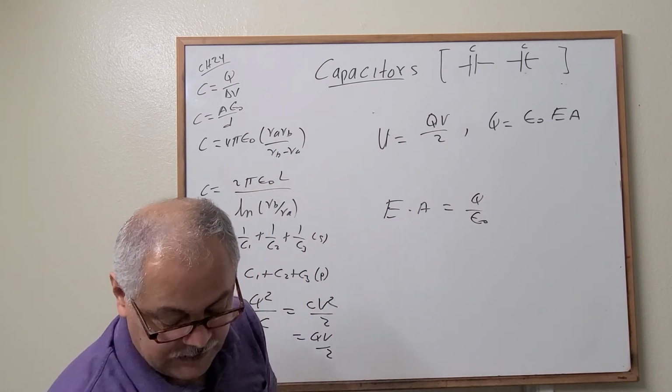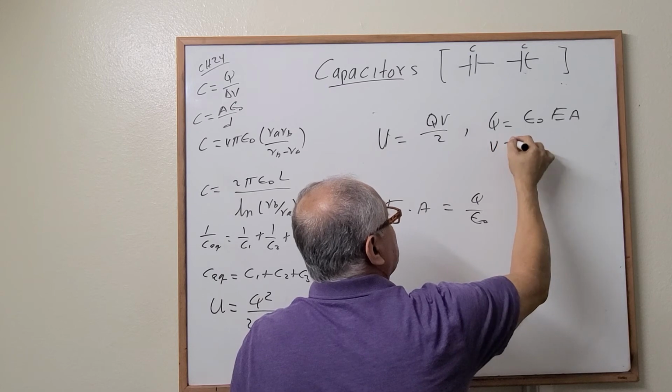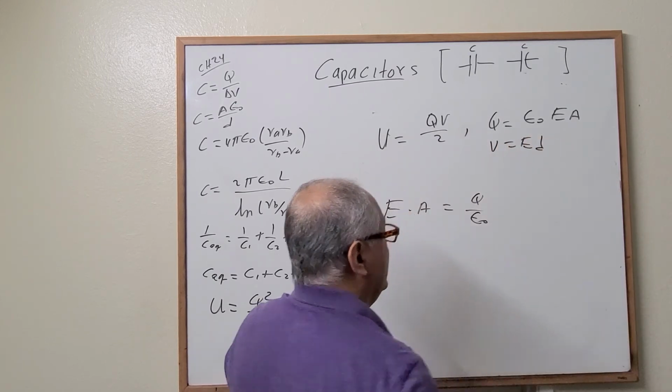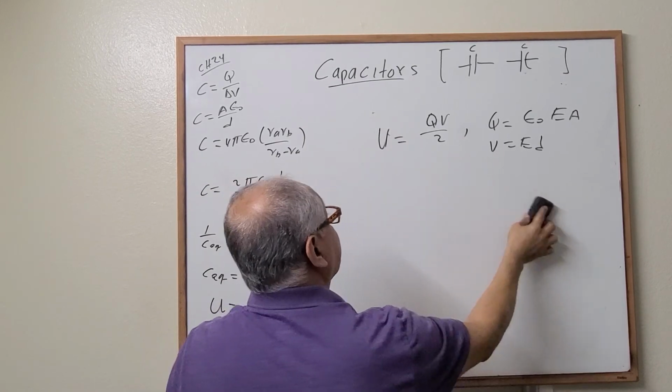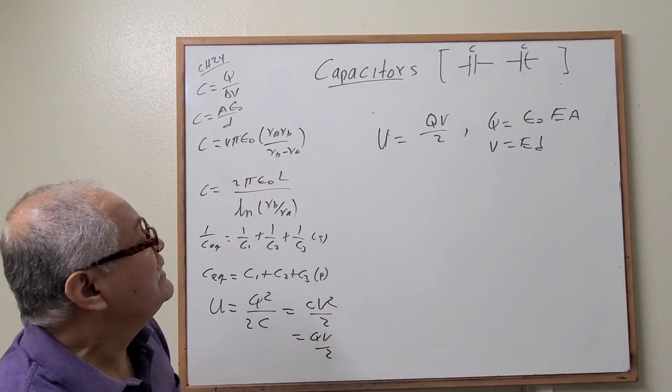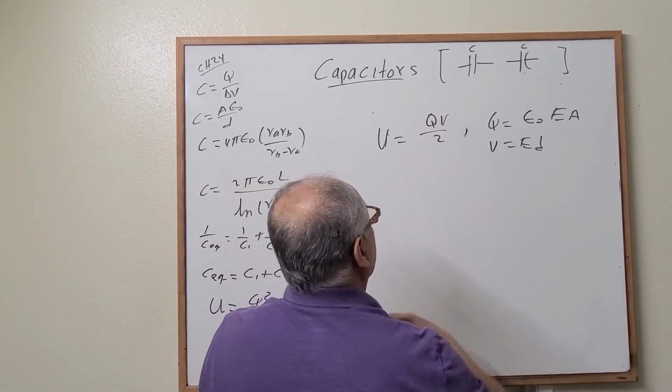Also, remember we have the voltage equals E times d. Now let's substitute this value right here. What do we have?